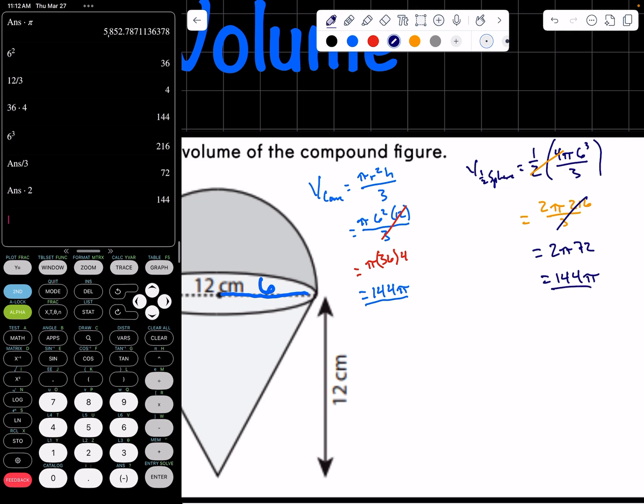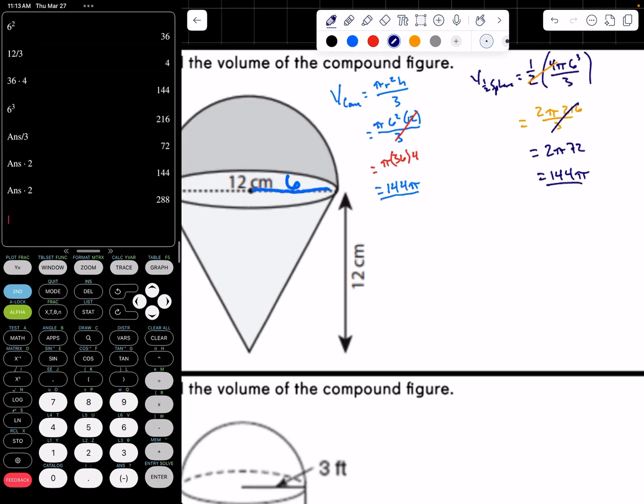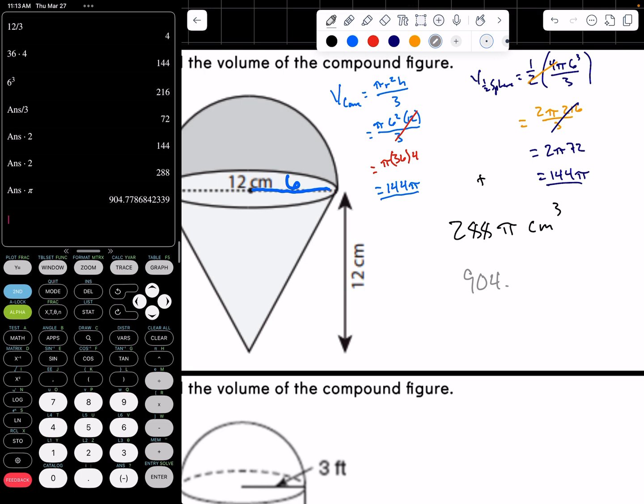And now what I have to do is I've got to add these 144 pi's up, or multiply it by 2 to get 288. So if I add both of those pi's up, I get 288 pi centimeters cubed. And if I multiply 288 times pi, I get 904.78 centimeters cubed.